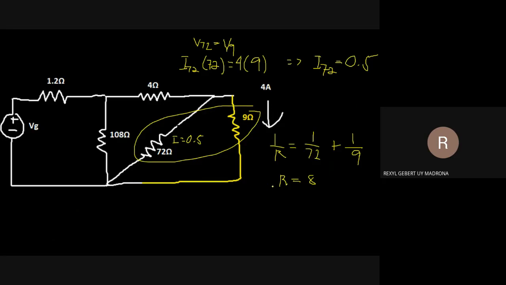To find the current inside this 8 ohm resistor, we just need to add the current in the 72 ohm resistor and the current in the 9 ohm resistor. And that would be I in R8.